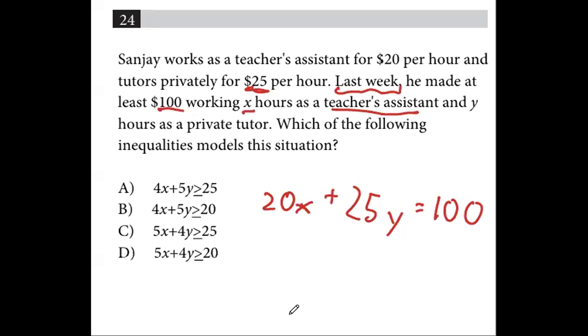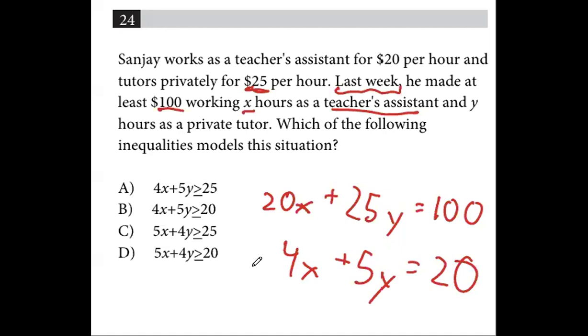And now we just have to simplify to get one of these equations. In this case, what factors into 20, 25, and 100? 5. So we divide everything by 5. 20 divided by 5 is 4x, plus 25 divided by 5 is 5y, and 100 divided by 5 is 20.